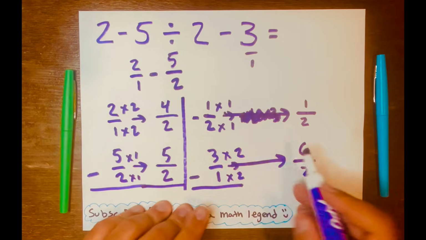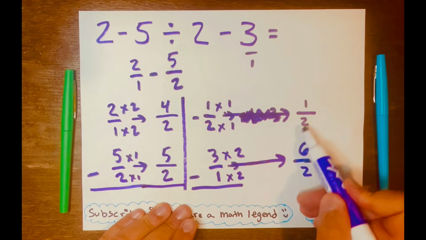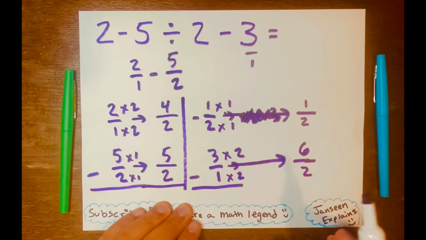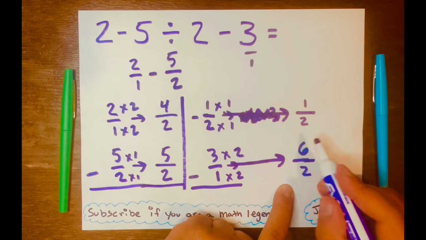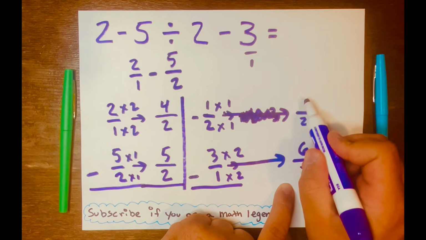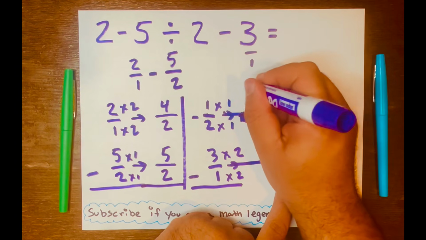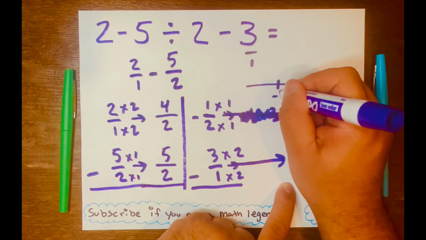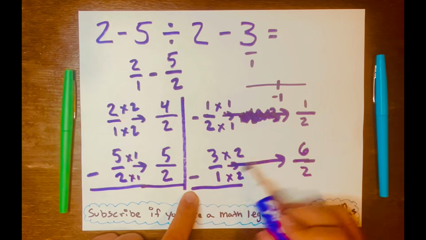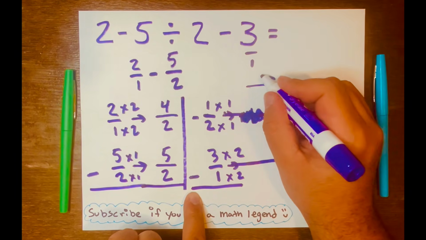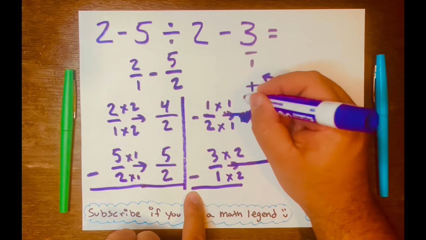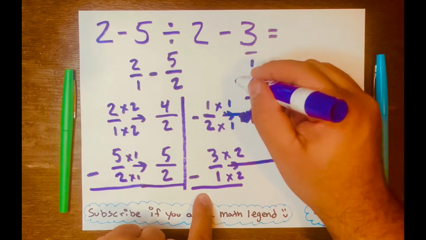And now we have negative 1 over 2 minus 6 over 2. And yes, we have to subtract from negative 1. So if this is the number line, negative 1 minus 6, we're moving 6 back, and you'll land at negative 7.